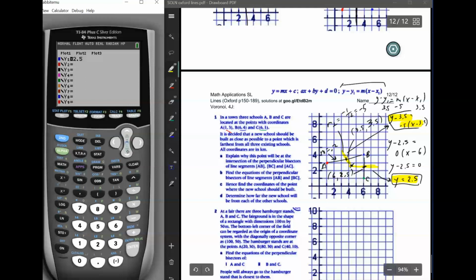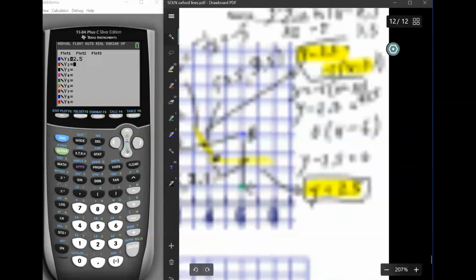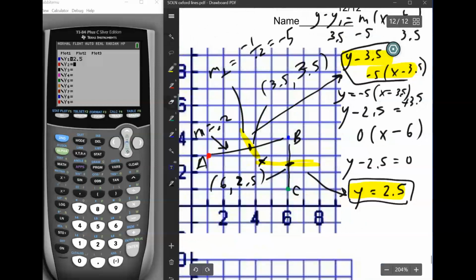The opposite of minus 3.5 is plus 3.5, so we add 3.5 to both sides, and we end up with y equals negative 5, parentheses, x minus 3.5, and then plus 3.5. Wow, I had to write that really small, so it doesn't look very good. Let me see if I can redo that by zooming in.